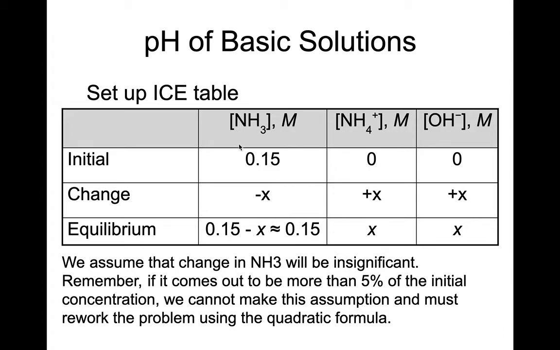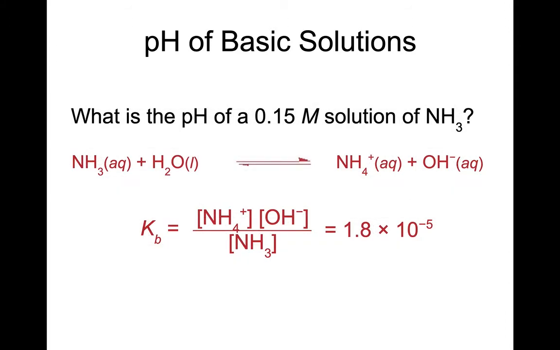Now when that reaction happens, some of the NH3 is going to dissociate, so it's going to decrease in concentration by some amount X. And however much it decreases, however much it dissociates, we will see that same magnitude of increase in our NH4 and our OH. The stoichiometry of our reaction is all 1-to-1.